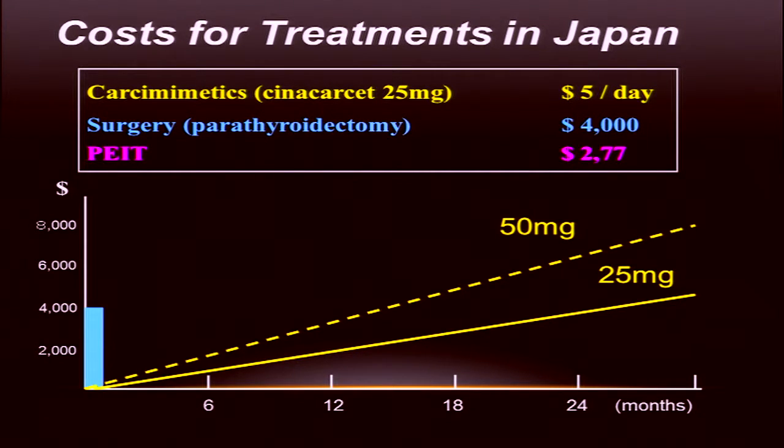Everybody all over the world had concluded that Sensipar costs more than surgery in the long run. In my country, the average Sensipar dose is 50 mg, so it exceeds surgery in 1.5 years. And PEIT costs nothing. Okay.